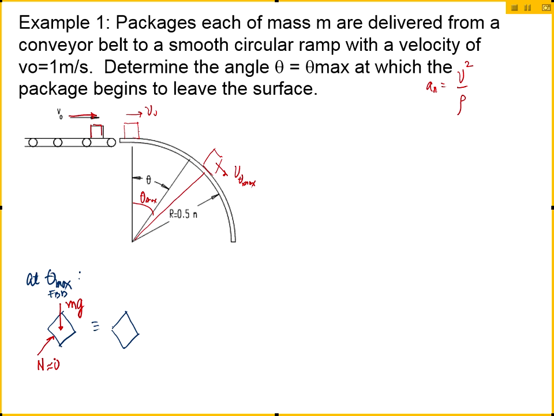It can still continue moving without leaving the ramp. So leaving the ramp requires loss of contact, and to lose contact, the normal force will first have to go to 0. So that's a good observation. You guys are good.